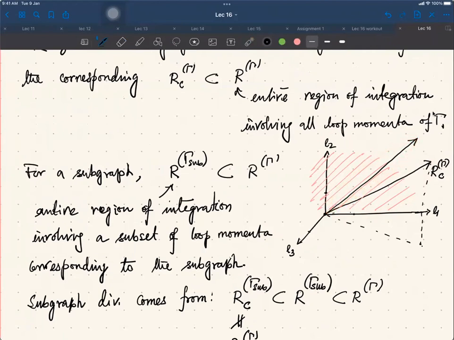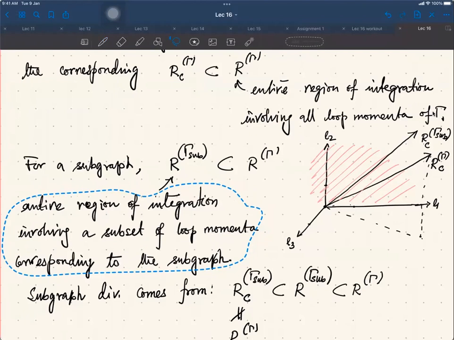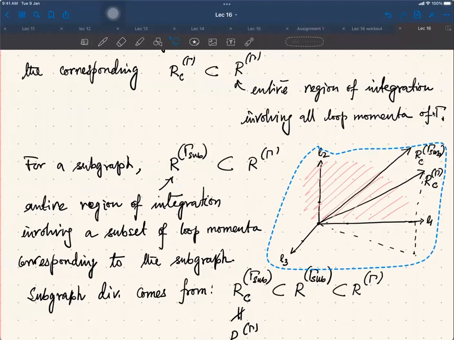If you go far away, then you reach the region R gamma sub C. Okay, so these two regions are different.